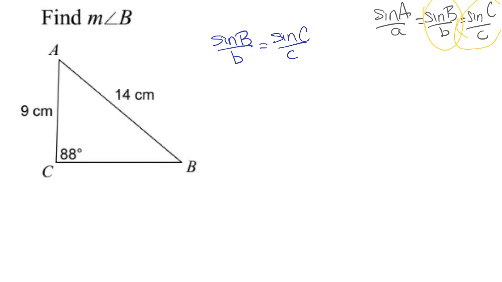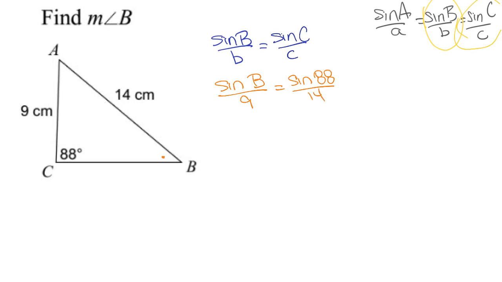So I'm just going to now fill in the information that I know. The sine of angle B is right here, and I don't know anything about angle B, so I'm going to leave that as B, over side B, which is 9. That equals the sine of angle C. Angle C is 88 degrees over side C, which is 14.